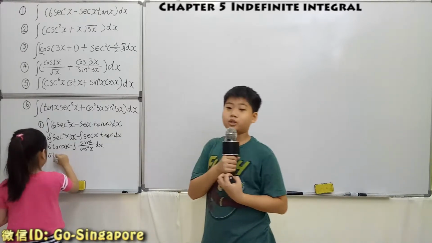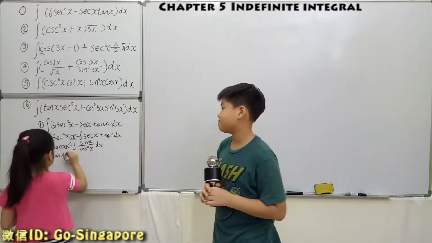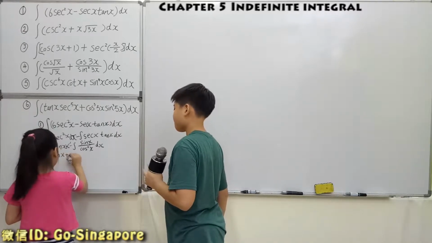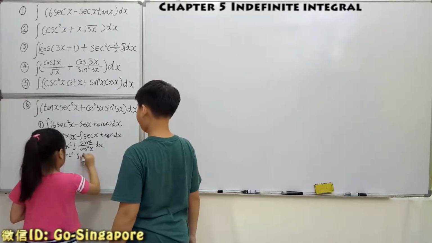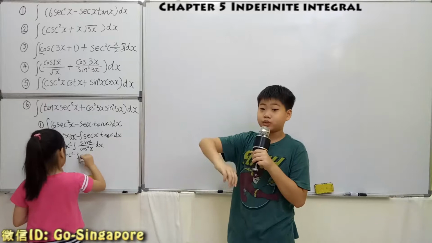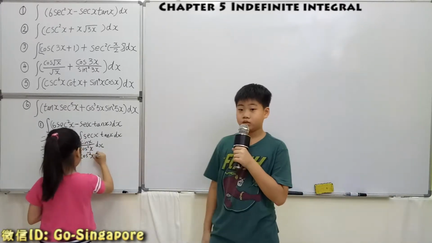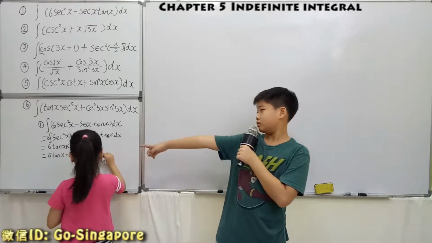Well, would you want to put a prime? Yes. So for this sine x, it can go into the dx, right? Okay. Sine comes from the negative cosine. Okay.